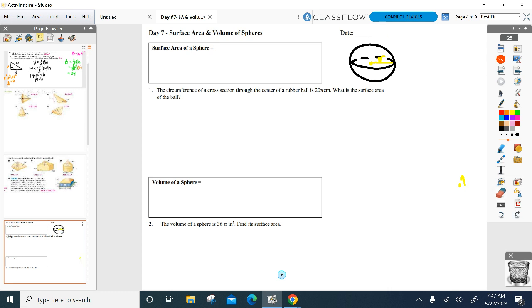All right? So surface area, this is not on the formula sheet. So we may want to just make a note: not on formula sheet. This is your only responsibility.